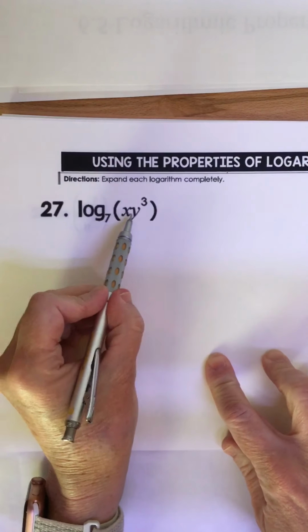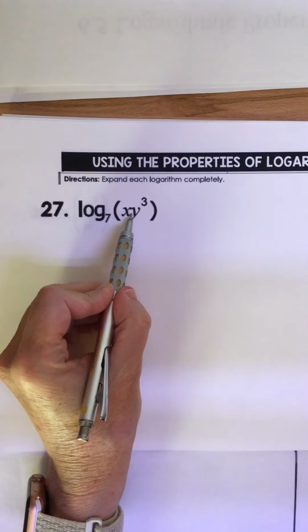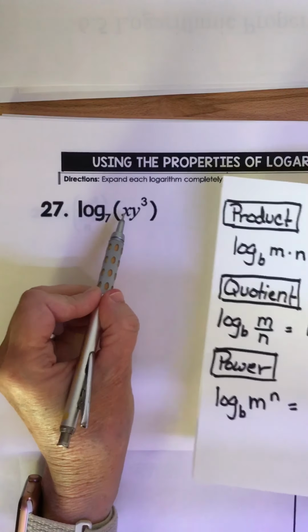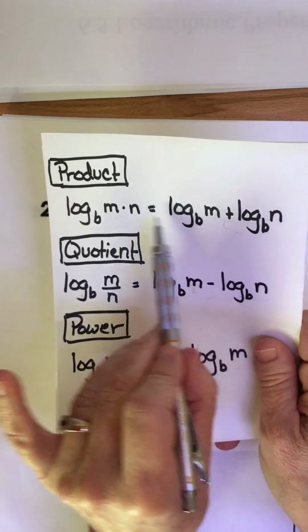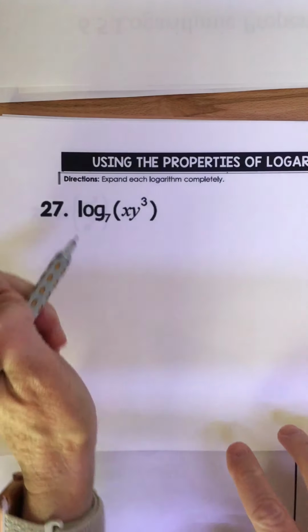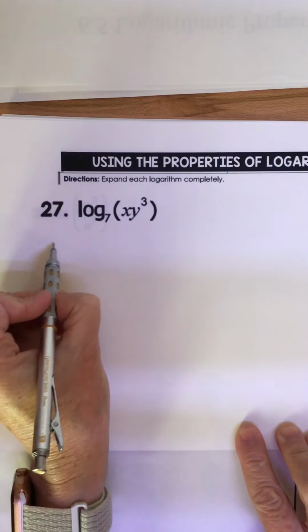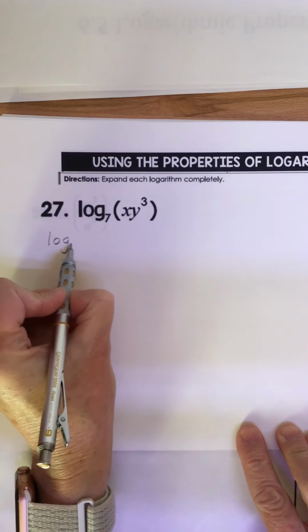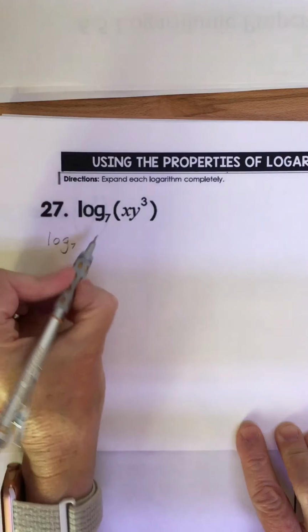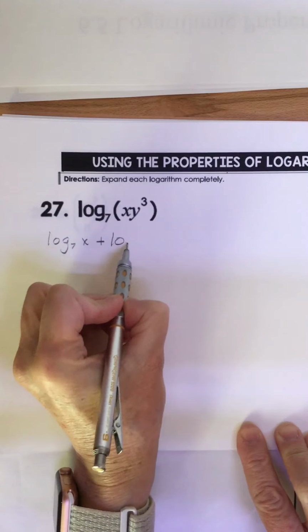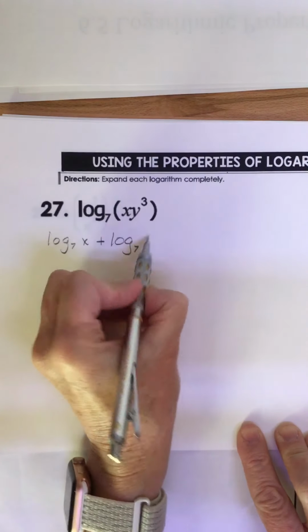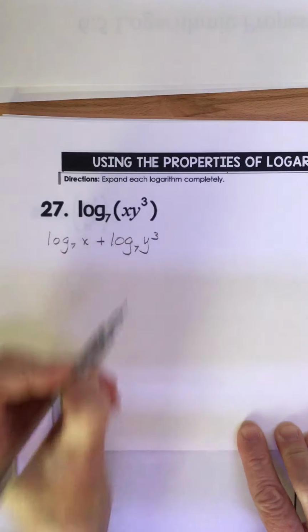All right, so now we know that we're multiplying here, so this is x times y cubed. So since we're multiplying that, we're going from here to here using the product property. Okay, so now let's look at this, and we have log base 7 x plus log base 7 y cubed.